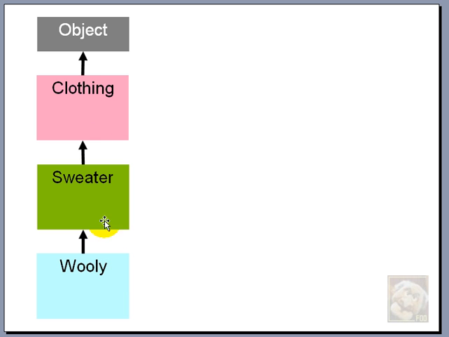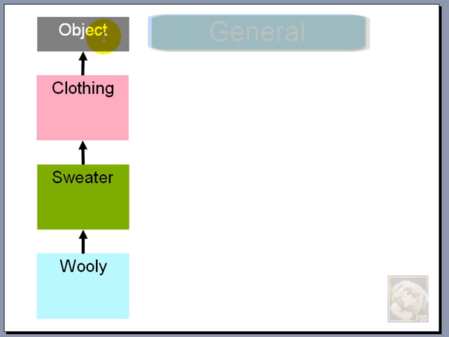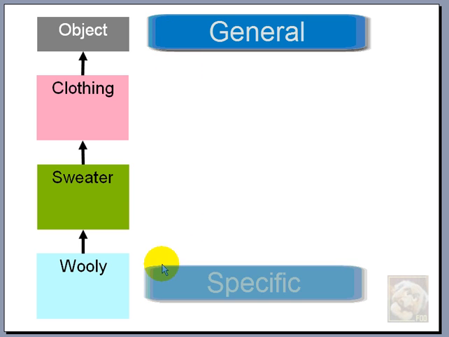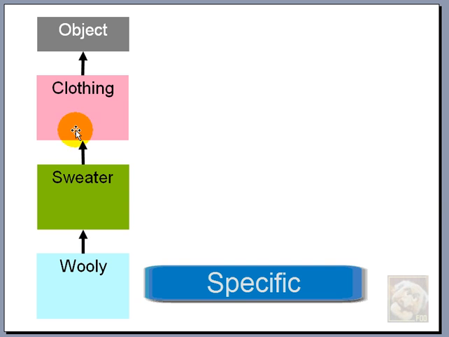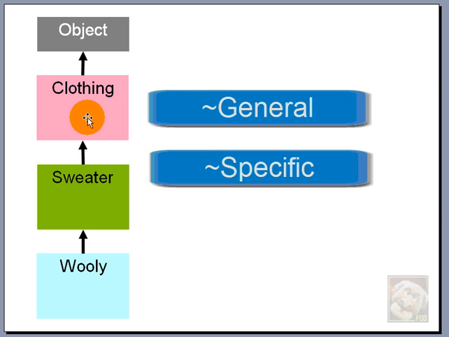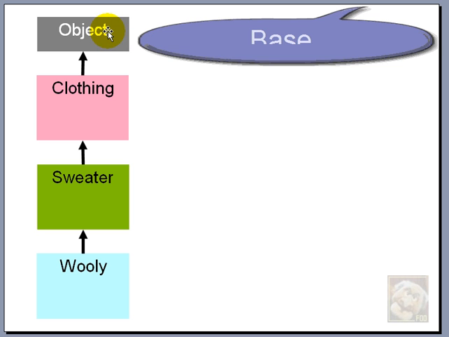So we have a list of classes in which the following relationships hold. First, the most general of the classes will be object. The most specific of the classes will be woolly. Classes in the middle will be intermediate degrees of specification or generalization. The most general of our classes will be the base class.